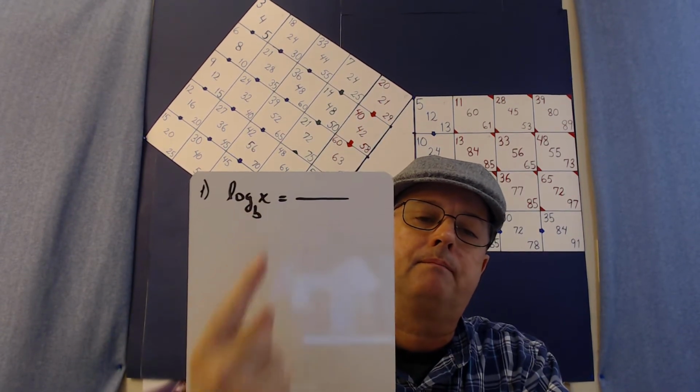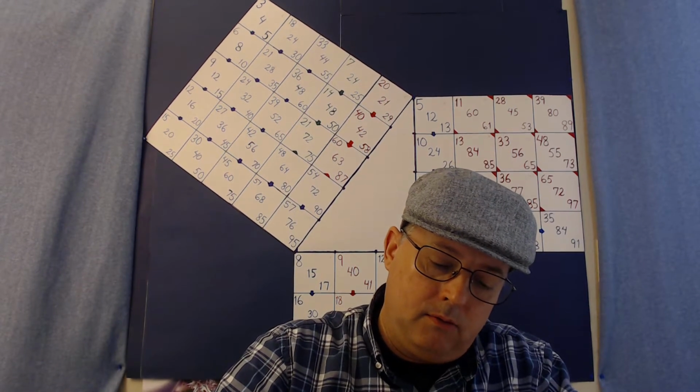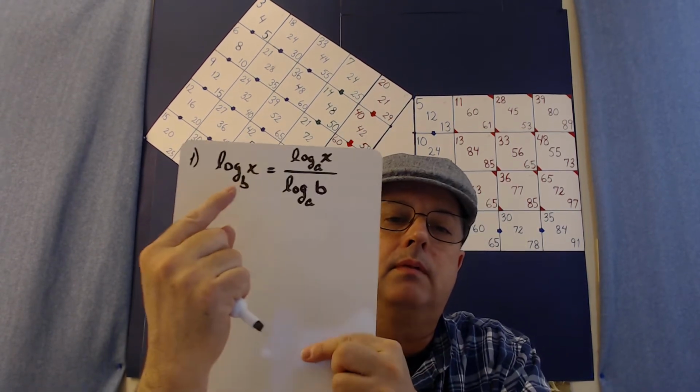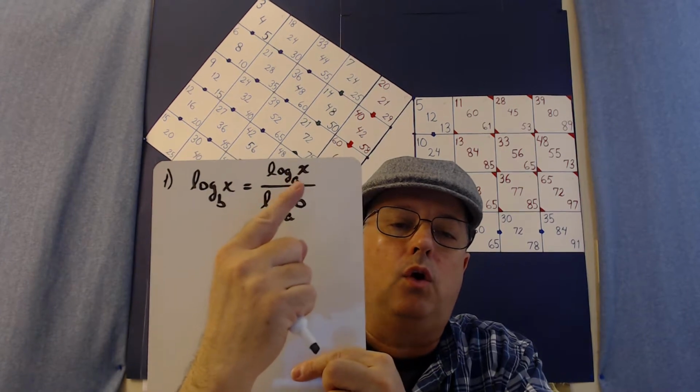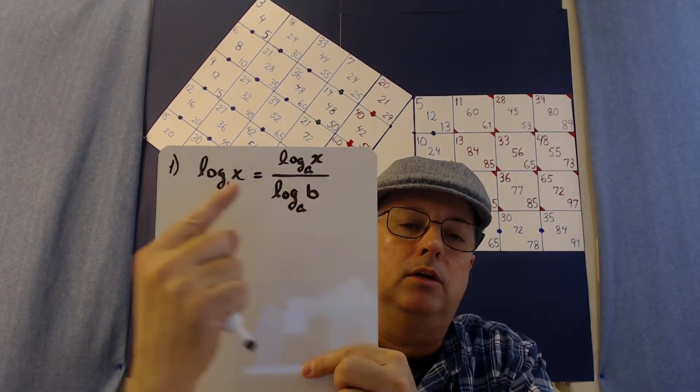Okay, so first of all, we have log base b of x is the same as log base a of x divided by log base a of b, as long as we remember that it wasn't base a, it was base b to begin with.